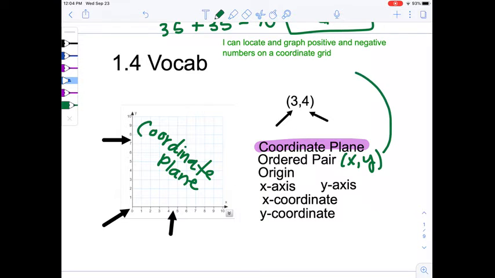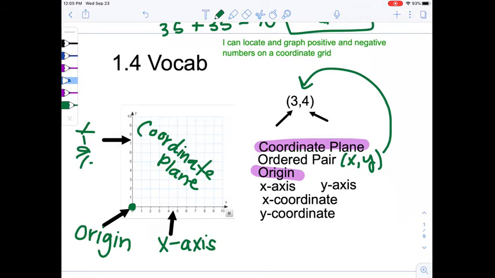So here is an ordered pair. The origin is the point 0, 0. So the origin is that dot where both the x and the y axis meet. So that's the origin. The x-axis is going horizontally, and the y-axis goes vertically.